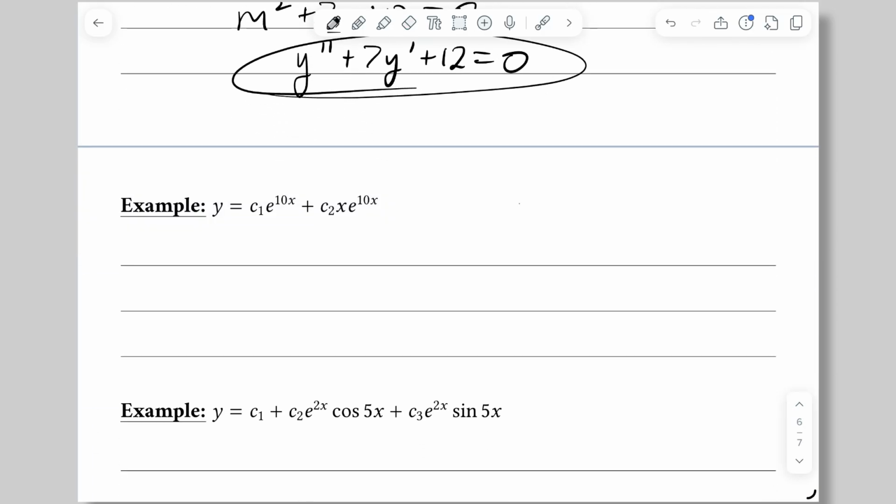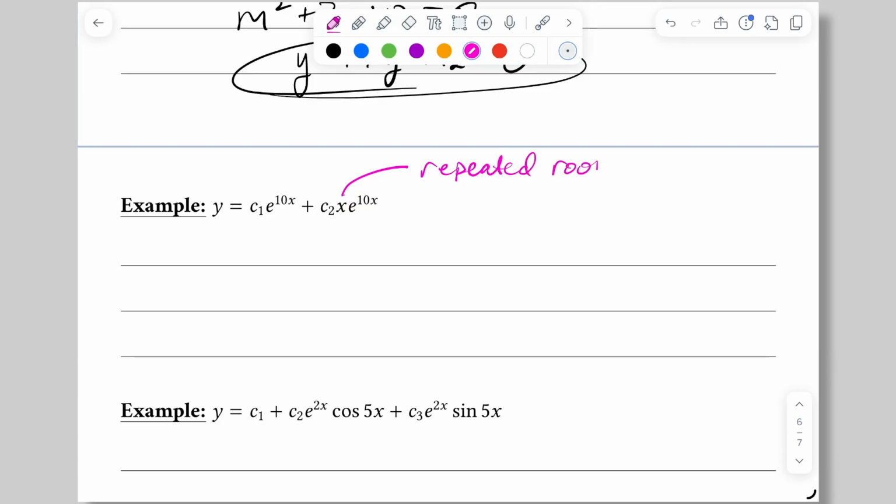On to the next. We've got y equals c1 e to the 10x plus c2 x e to the 10x. Now remember what that x means, right? That showed up because we had a repeated root to the auxiliary equation.